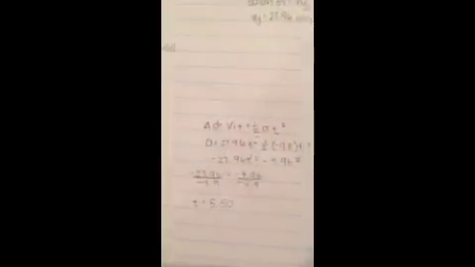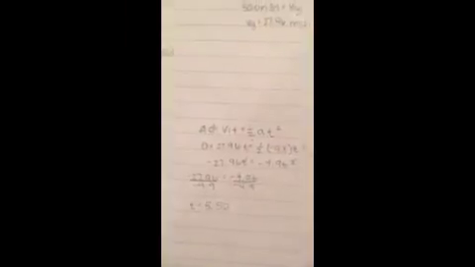We don't know t, so we leave that as a variable, plus half times negative 9.8 t squared. Then we get negative 27.96 t after bringing it to the other side, which makes it negative. And for this side, we get negative 4.9 t squared. They're both negative, so the negatives will cancel, and then we can cancel one of the t's and make it negative 27.96 equals negative 4.9 t.